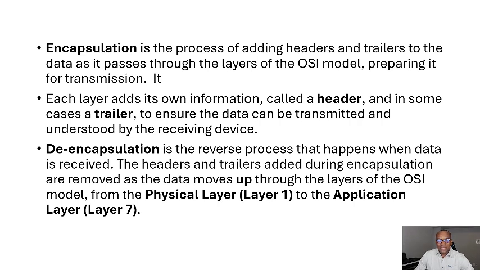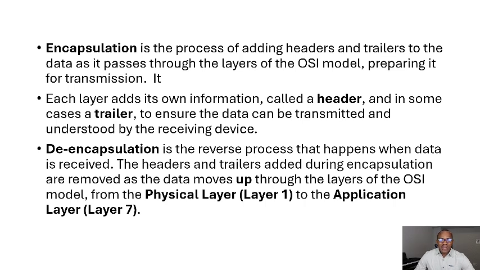Then it goes down to layer 3, where the source and destination IP addresses will be added. Then it goes to layer 2, where the source and the destination MAC addresses will be added, and it goes down to layer 1.